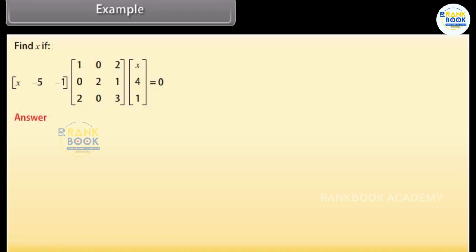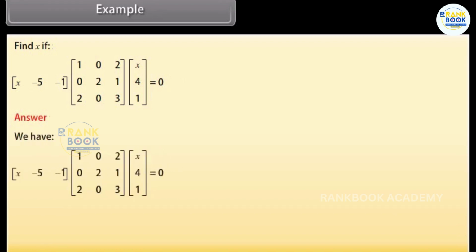Given that, we have the matrix [x, -5, -1] multiplied by the matrix with rows [1, 0, 2], [0, 2, 1], [2, 0, 3] multiplied by the matrix [x, 4, 1] is equal to 0.